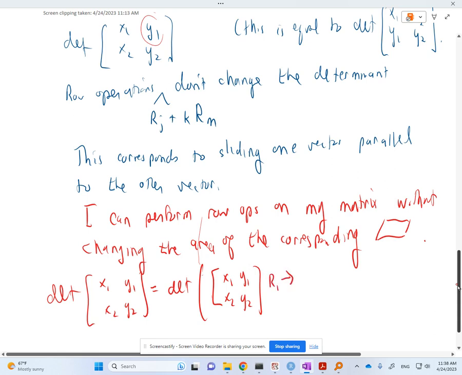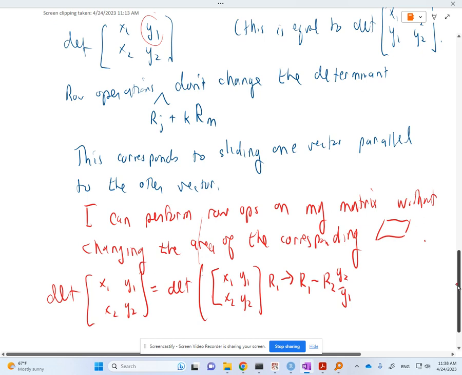In order to zero this out, I would have to multiply R2 by y1 over y2 and subtract it. So this would be minus R2 times y1 over y2. In the case where y1 is 0 already, we wouldn't need to do this, but that's fine.